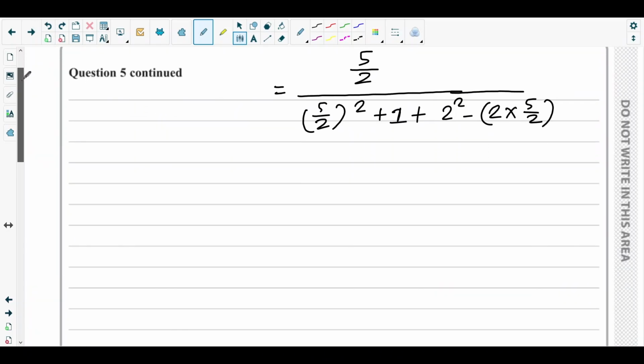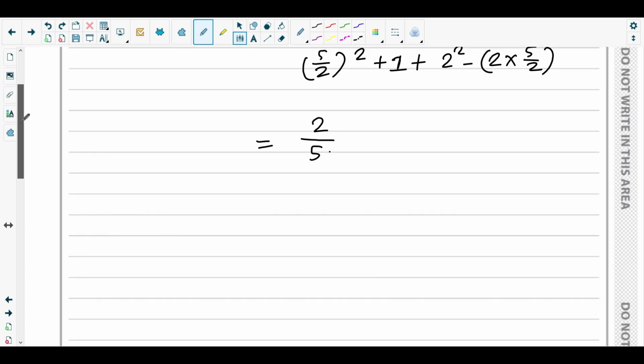Now just calculate the value. So 5 over 2 in the numerator, and in the denominator it is 25 over 4 plus 1 plus 4 minus 5. So this is 25 over 4. So 5 over 2 divided by 25 over 4 would give you 2 over 5. This is the product of roots.